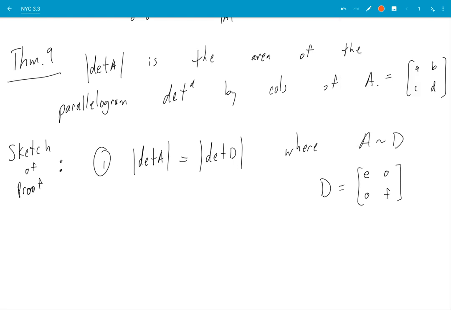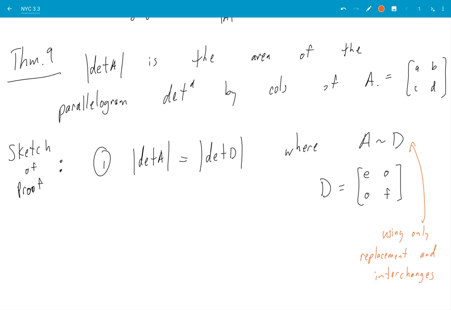And it's possible to do that using only replacements and interchanges. Okay, I don't have to do any scalings to get here. If I wanted to have ones in the diagonal, then I would need scalings, possibly. But I can get this far with only replacements and interchanges.